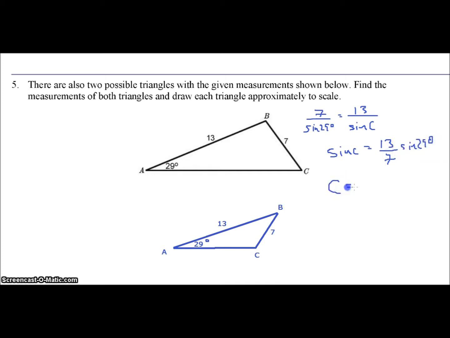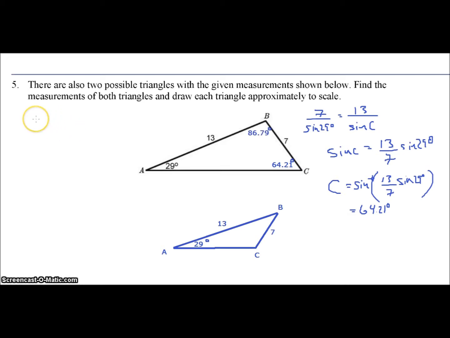And we can say C is the inverse sine of 13 over 7 sine of 29 degrees. 64.21 degrees. Then angle B will be 180 minus 29 minus 64.21, 86.79.